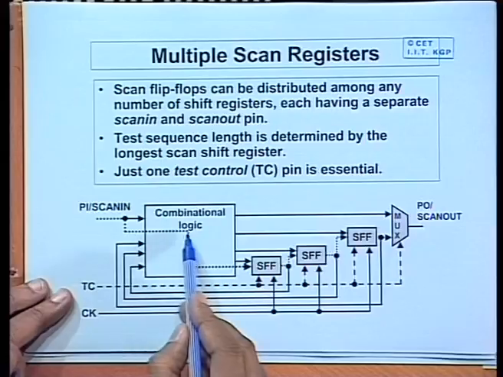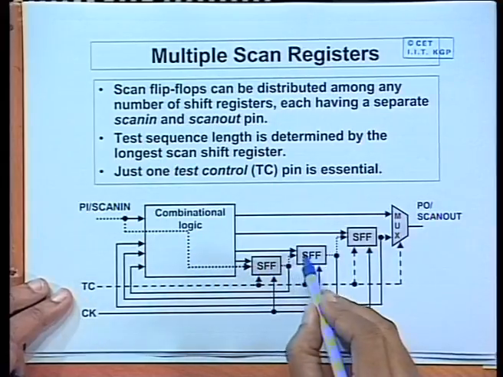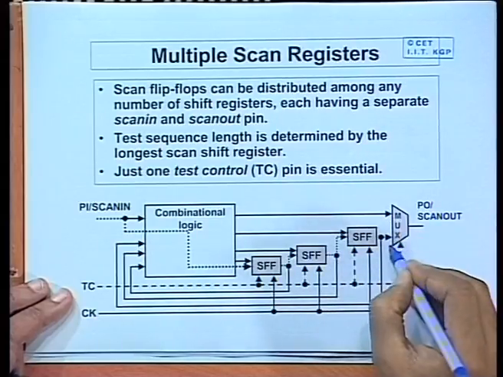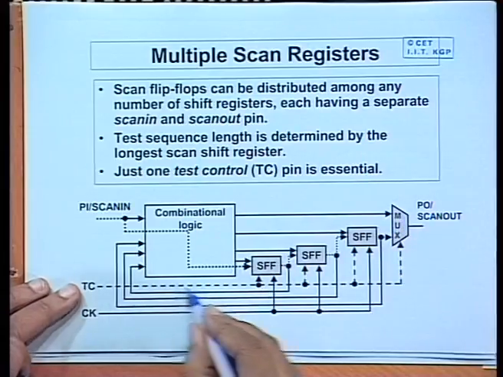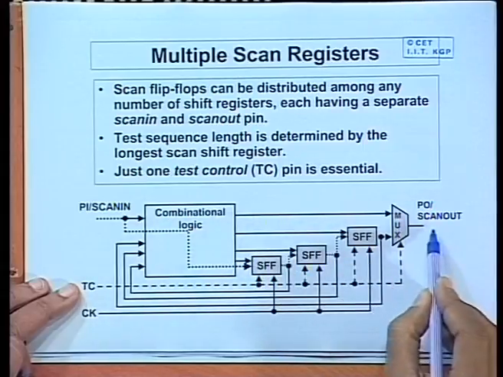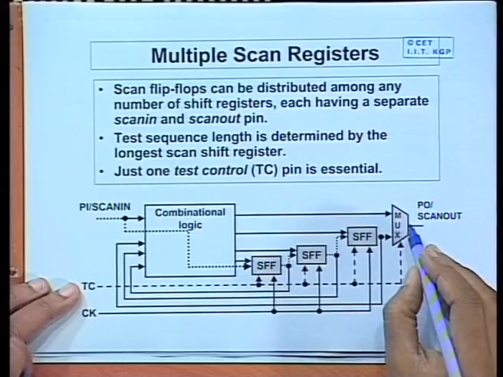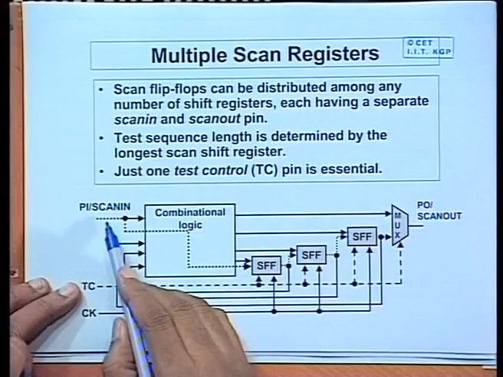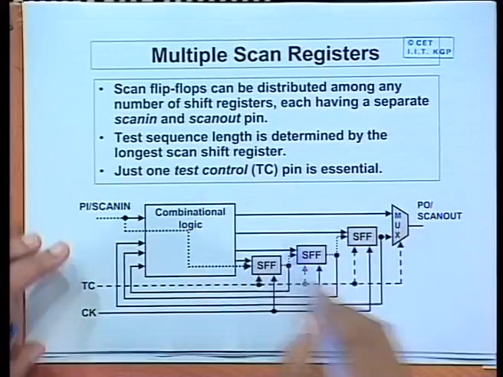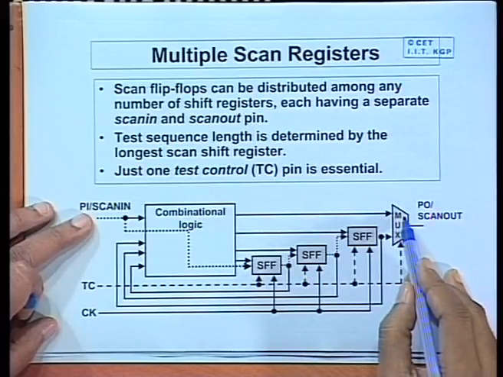So, this line will straight away come to here, and similarly the output of this shift register, instead of having a separate scan out line, you can have a multiplexer controlled by this TC, where the output will sometimes be one of the primary outputs, sometimes this shift register output. So, this is one way you can have scan in and scan out without any additional input or output pins. For the input you do not need any hardware, but for the output you need one multiplexer.